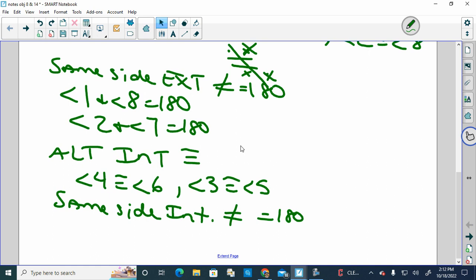So same side interior. What is a pair? Same side of the transversal on the inside of the parallel lines. 4 and 5. So angle 4 and angle 5, giving 180. What's the other pair? 3 and 6.